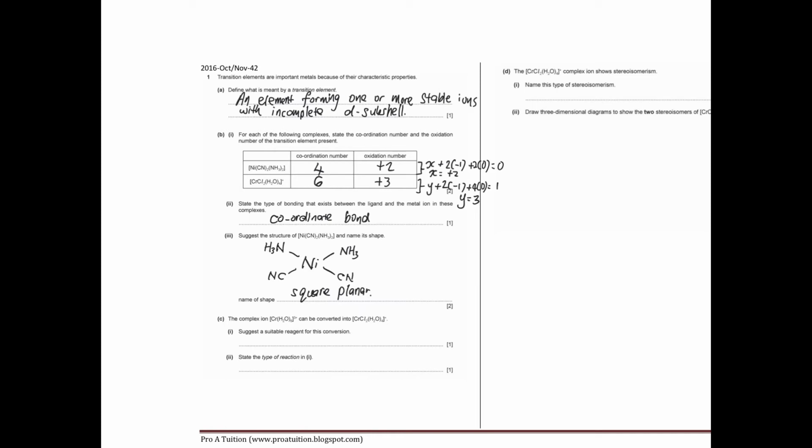Part C, the complex ion can be converted into another. You see how they convert. Initially there is no chlorine, so at the end the chlorine goes in. Suggest a suitable reagent for this conversion. Anything with chloride will most probably make this happen, for example hydrochloric acid.